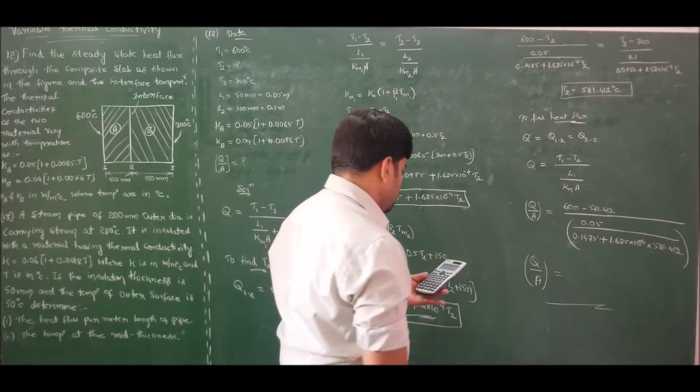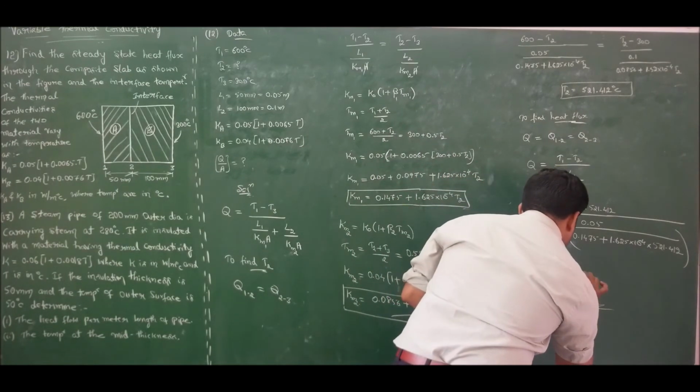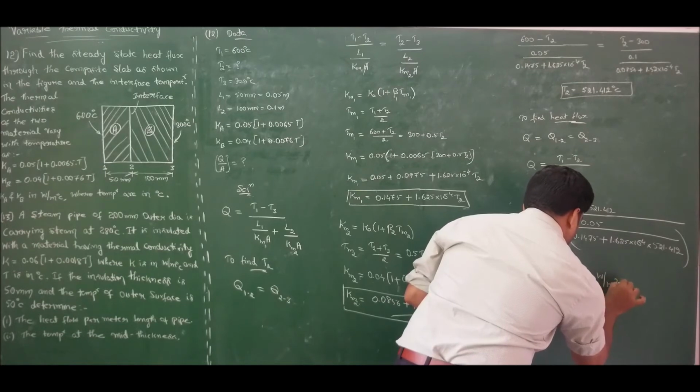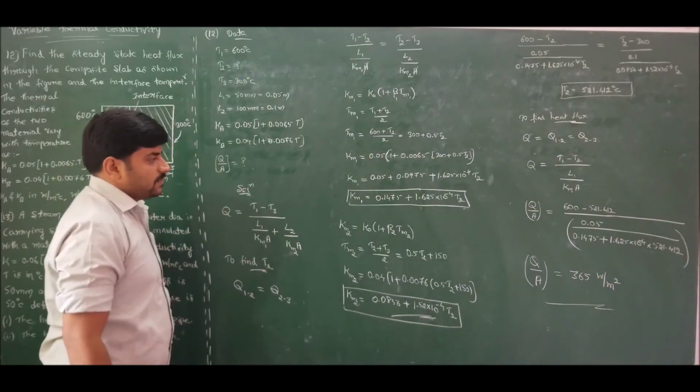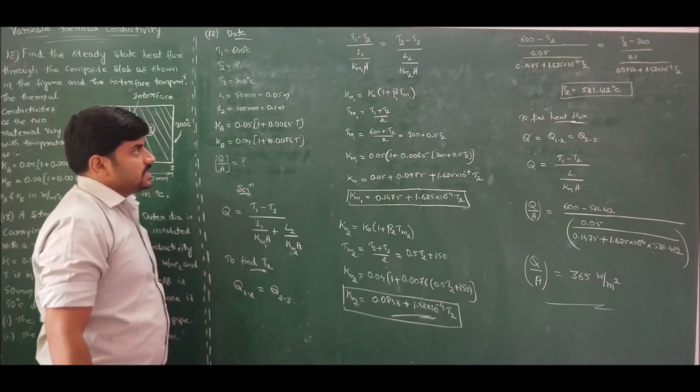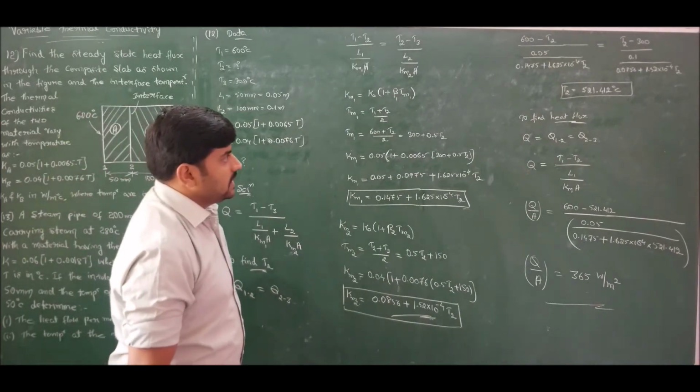Let me send the denominator to numerator. So the heat flux for this problem is 365 watts per meter square and the interface temperature is 521.412 degrees Celsius.